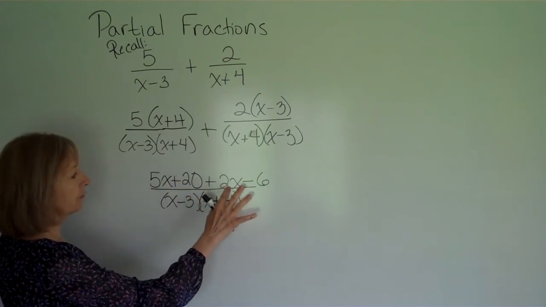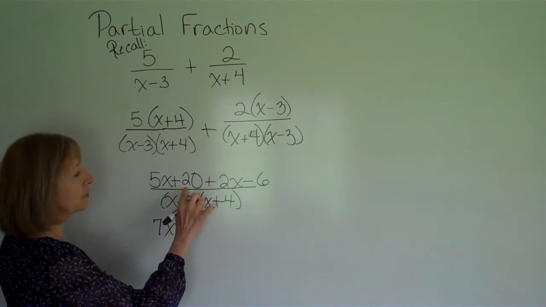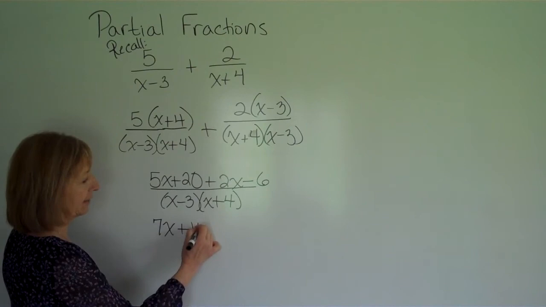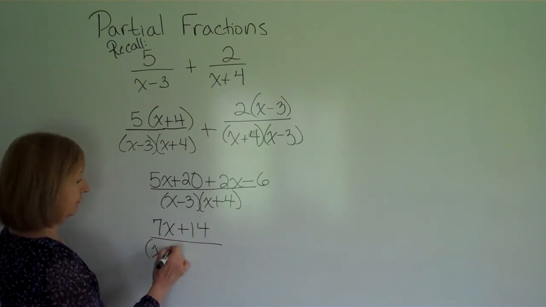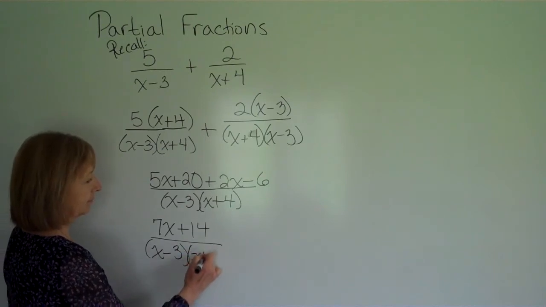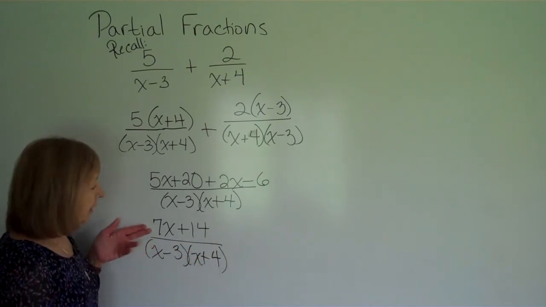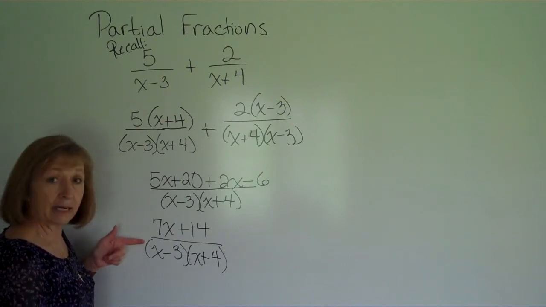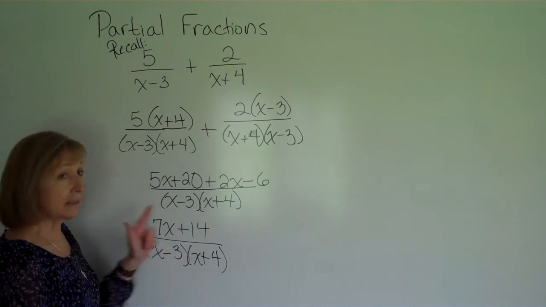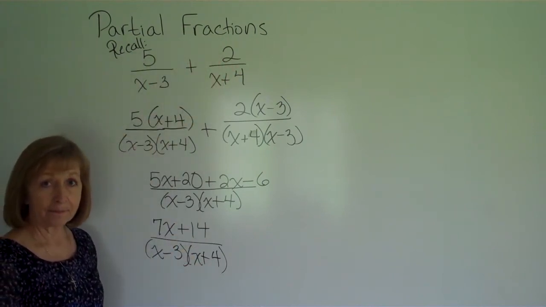So 5x plus 2x is 7x, and then the plus 20 minus 6 is plus 14. So this fraction, 7x plus 14 over the x minus 3 times x plus 4, is the sum of these two algebraic fractions that we started with.